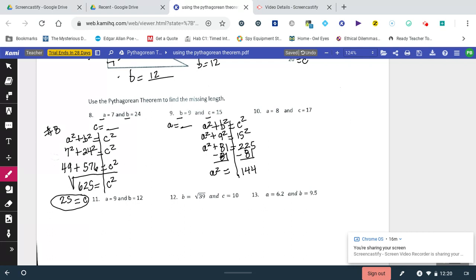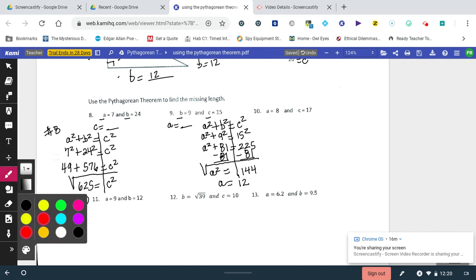And then because I only want A, which is the side length of that square, the area of that square, then I take the square root. So the side length is the square root of 144, which is 12. Okay, so I know A is actually 12 for number 9.